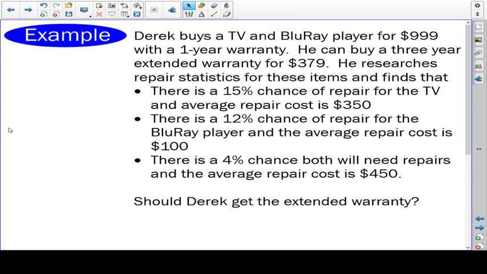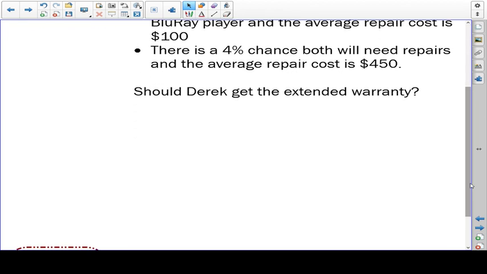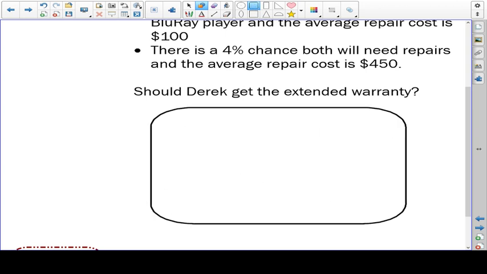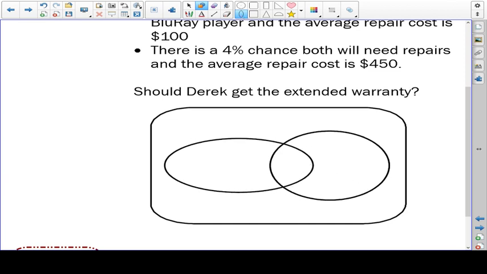So we can use a Venn diagram to model this situation. So here we go.